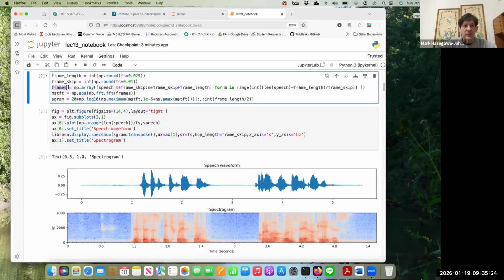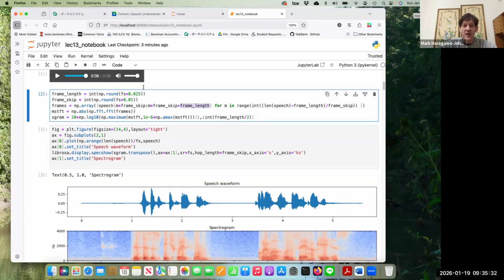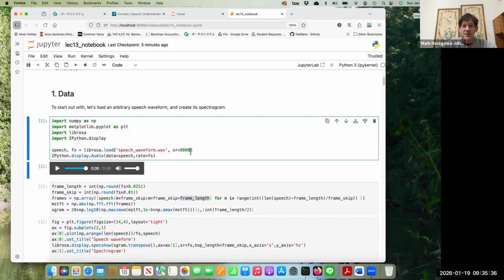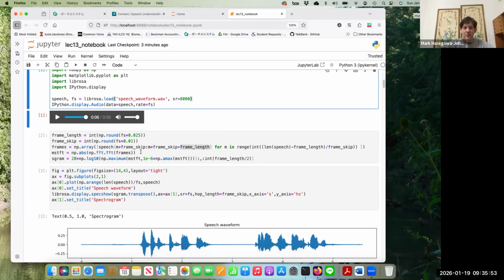I've got this matrix called frames, which has frame length number of columns. Frame length is 25 milliseconds. I set the sampling rate to 8,000 samples per second. So 25 milliseconds should be 25 times 8, which is 200 samples.